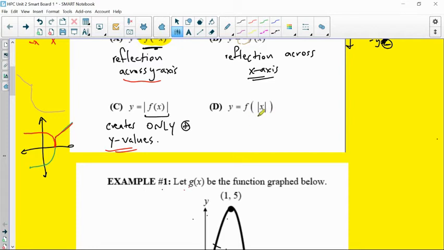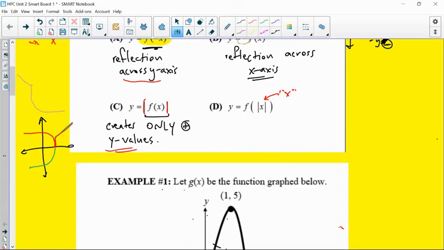Okay. Now, when your absolute value is on the inside as opposed to the outside, we should be anticipating it only affecting x values, right? And so what ends up happening is that your function's going to behave like the positive x's do. So if your x is already positive, nothing's going to change.